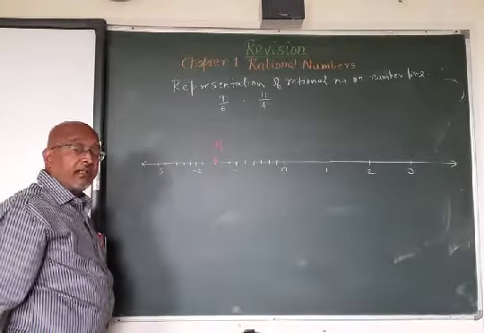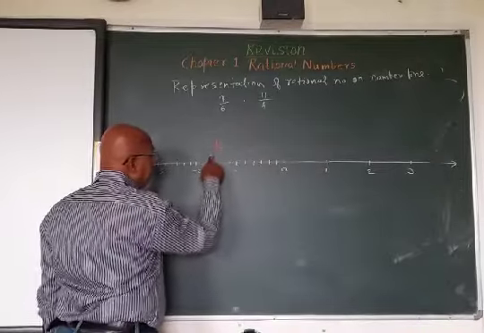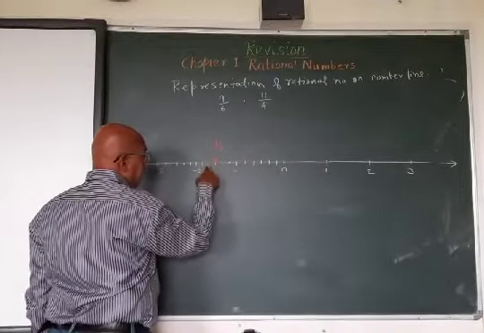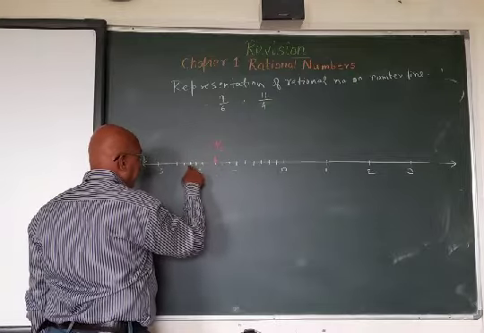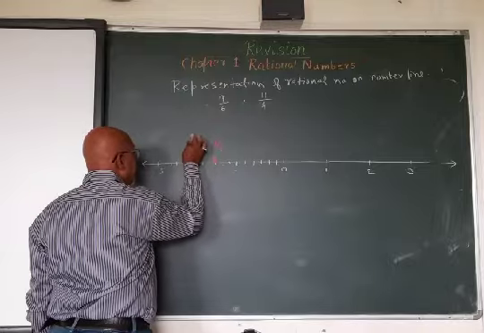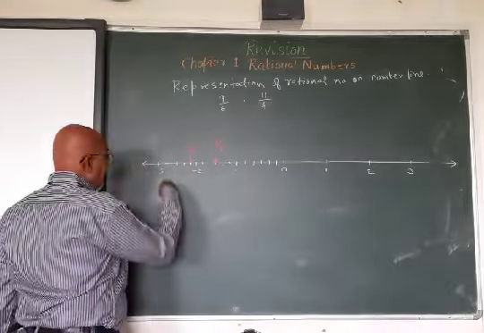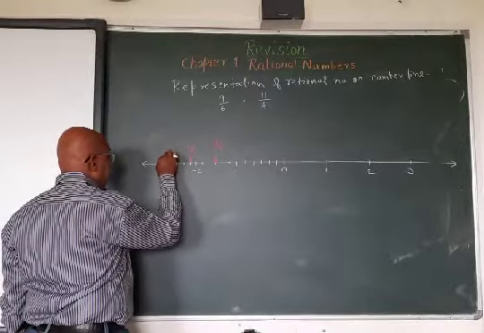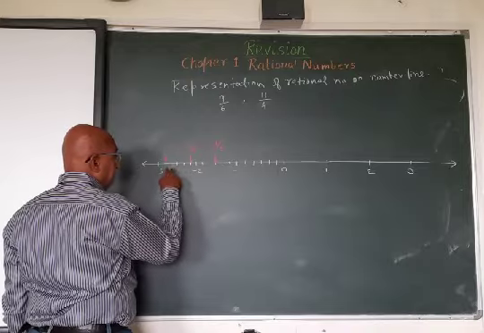If I want minus 13 by 6, I will further count: after minus 9, this is 10, 11, 12, 13. So this is minus 13 upon 6. What will this be? 13, 14, 15, 16, 17.